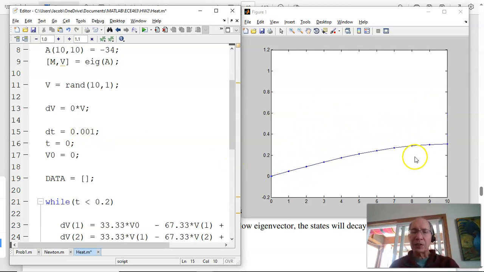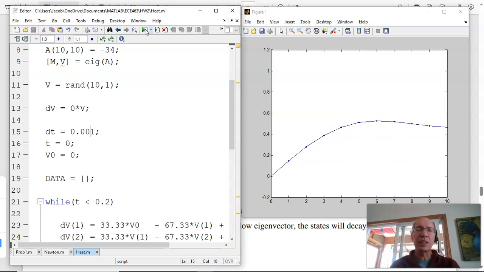That's my slow eigenvector. That's not just random. What's happening is that if I give it a random initial condition, I've excited all eigenvectors. The quick modes decay quickly, leaving the slow mode. So when you see a system decay, after a short period of time all that's left is the slow eigenvector. So what you're looking at eventually is an eigenvector.